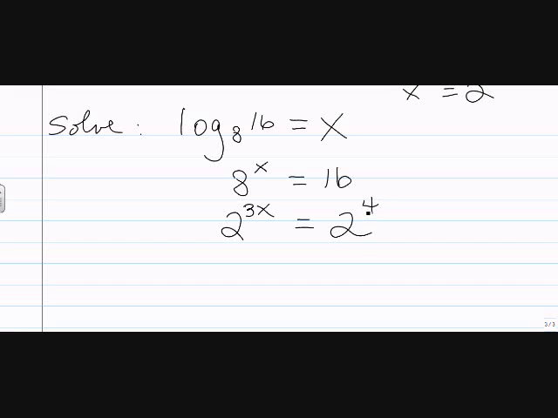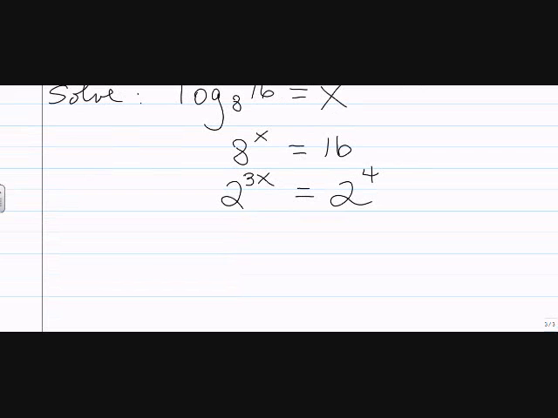All right, I got 2 to the 3x equals 2 to the fourth. How do you think I could solve this equation for x now? Any takers? If 2 to the 3x is equal to 2 to the 4th, the powers have to be the same.